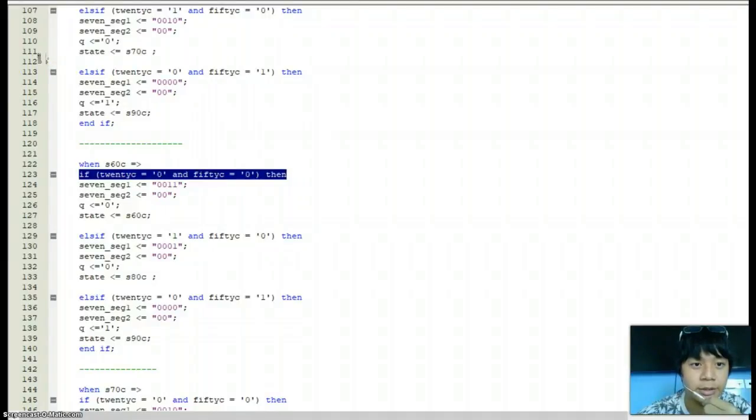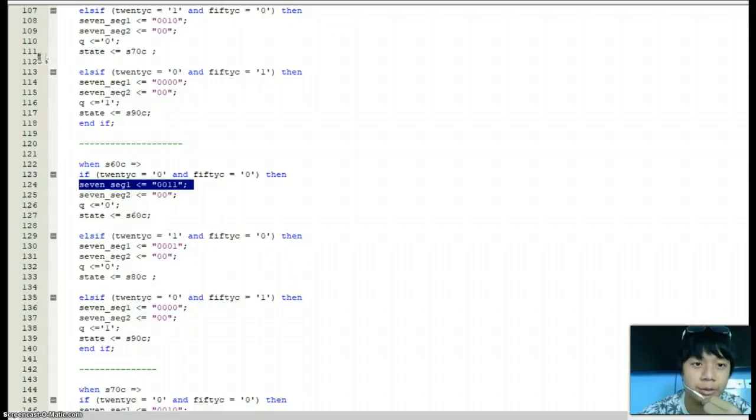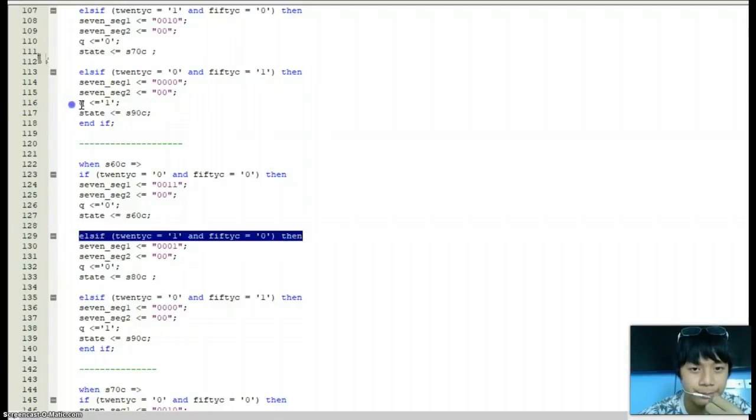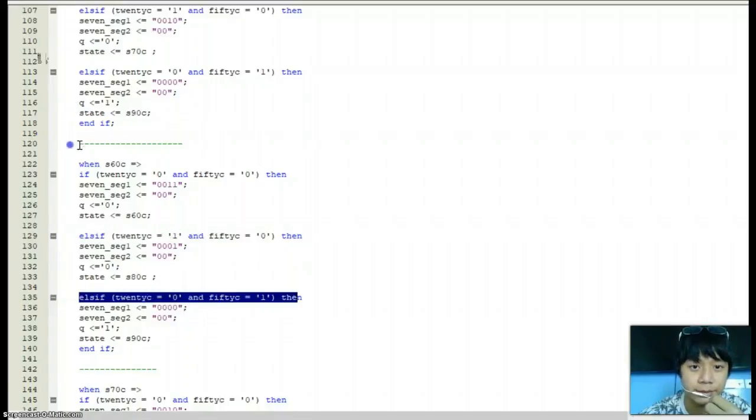It will display the appropriate display on the 7 segment according to the state here. It always follows with two else if statements: one for a single input of 20 cents here, and the other for a single input of 50 cents here.